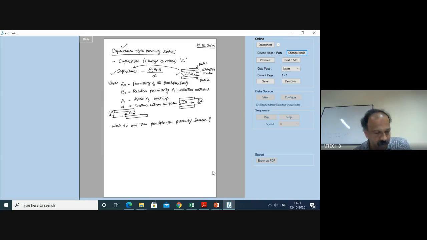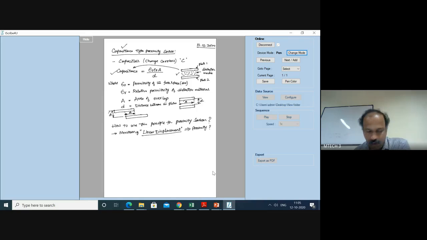So we are interested in monitoring the linear displacement. Linear displacement is nothing but the proximity. Checking the proximity is linear displacement.